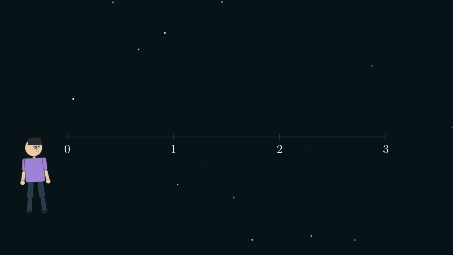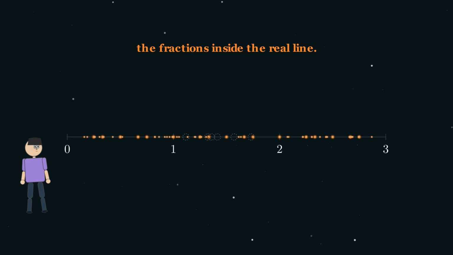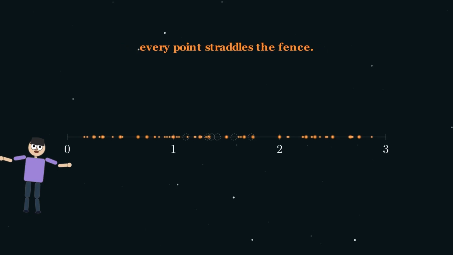Go back to the fractions, sitting once more inside the full number line. What is their boundary? Every interval, however unimaginably tiny, holds both fractions and irrationals, packed together with no gaps between them. So every single point on the line straddles the fence.